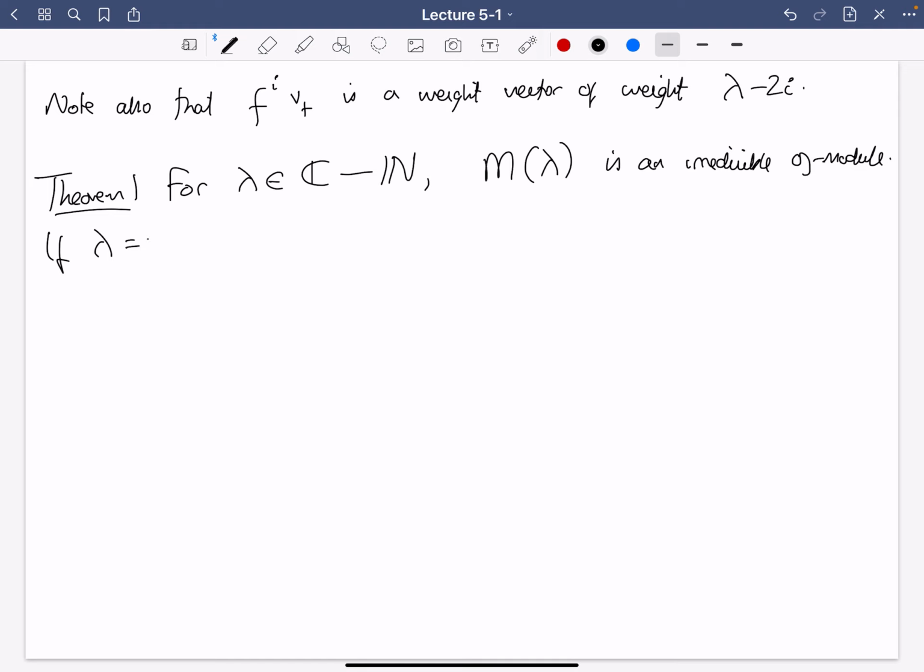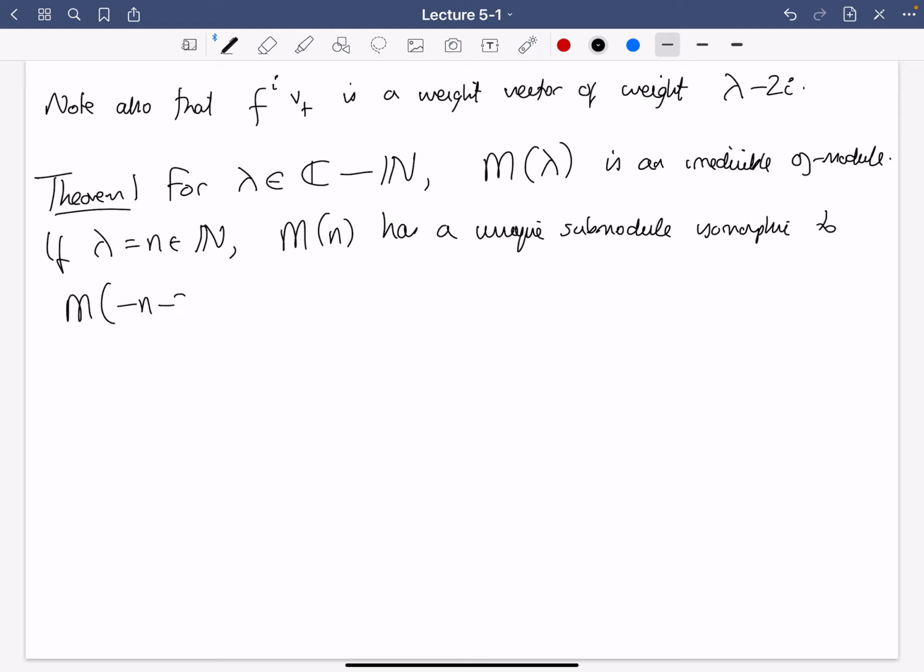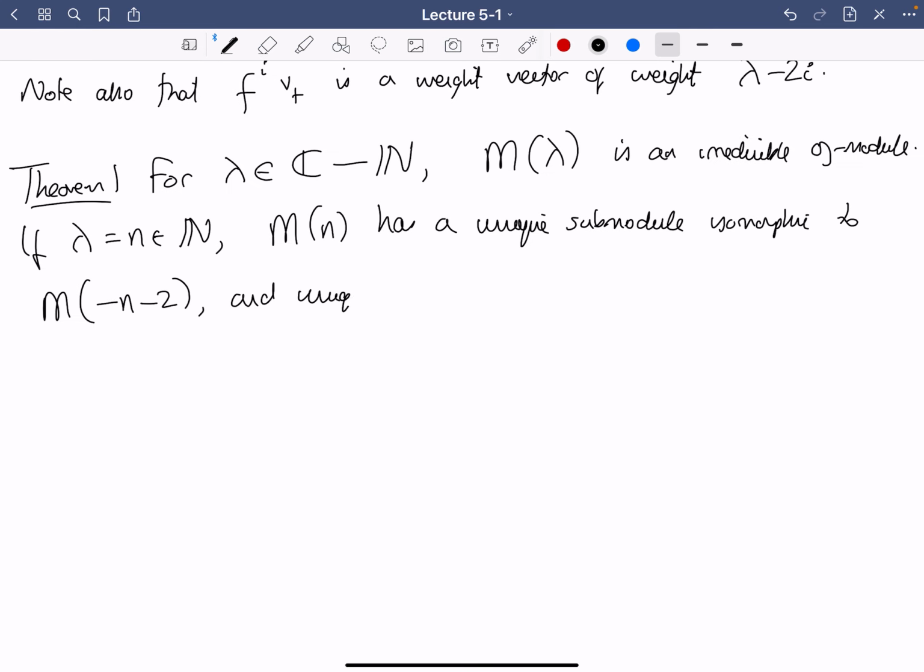And if lambda is a natural number, well then M of n has a unique submodule isomorphic to M of minus n minus 2, and since it has a unique irreducible submodule, it has a unique quotient denoted L of n. So that's this Verma module M of n over M of minus n minus 2.